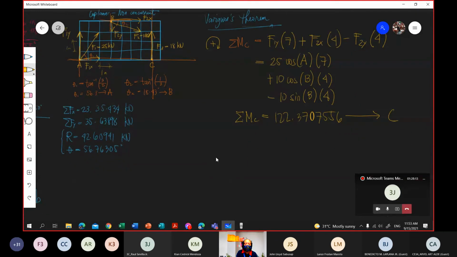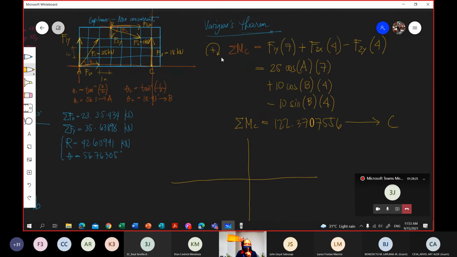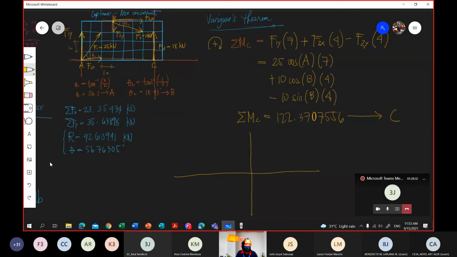Okay, draw a Cartesian plane. Take note, the moment 122.37 is positive, which means clockwise, since we take clockwise as positive. The direction of our force is 56.76.